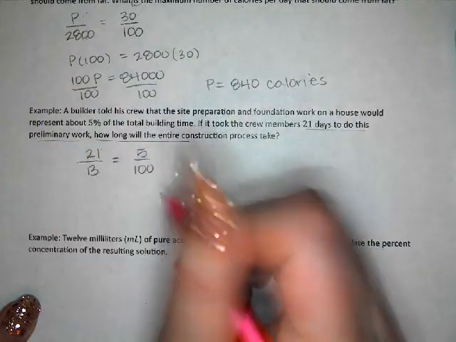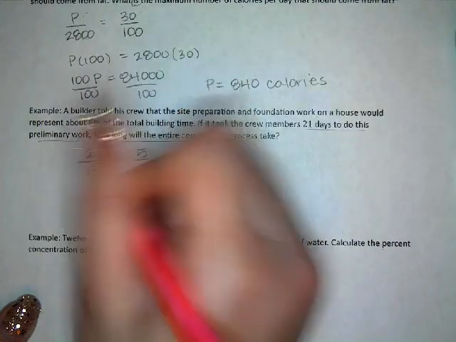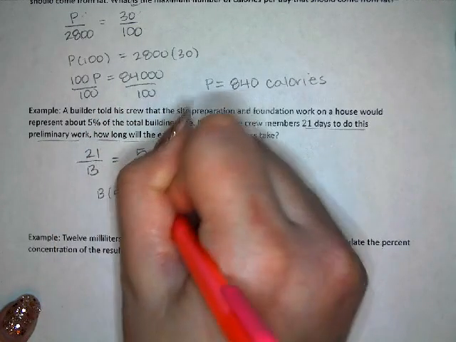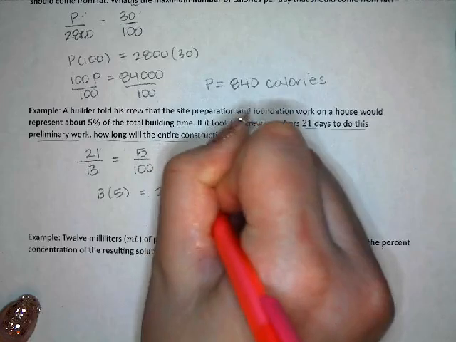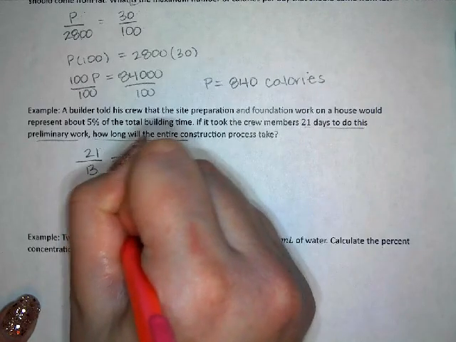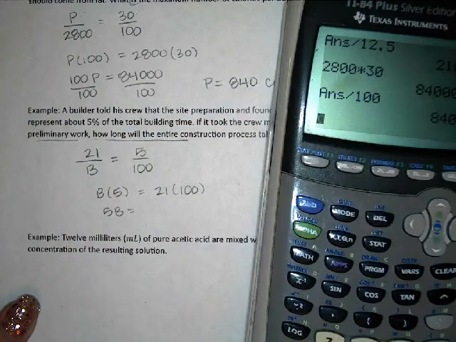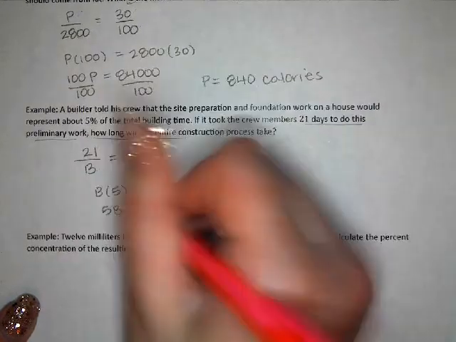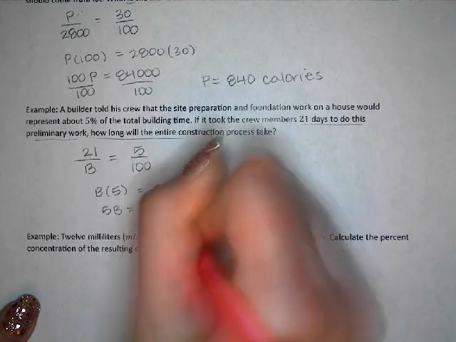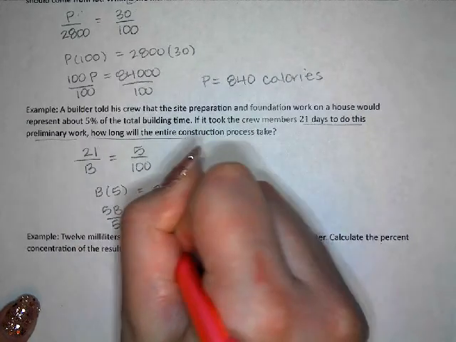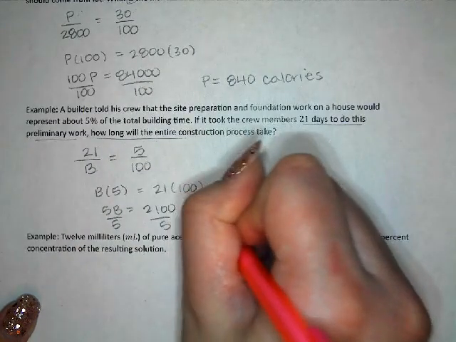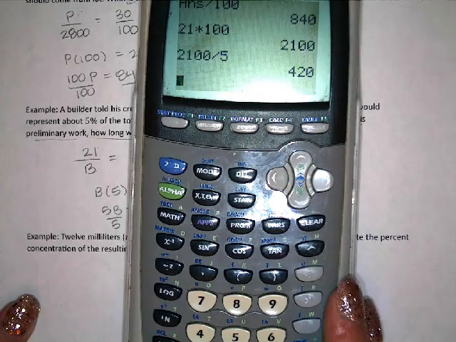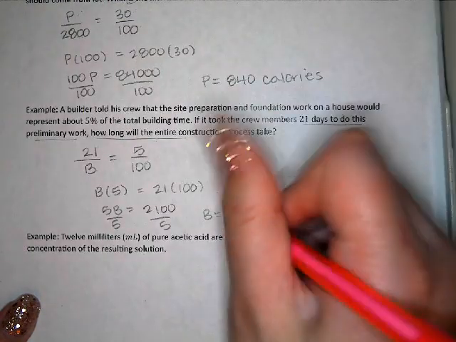So B times 5 equals 21 times 100. $2,100. So 420 days is how long the whole process should take.